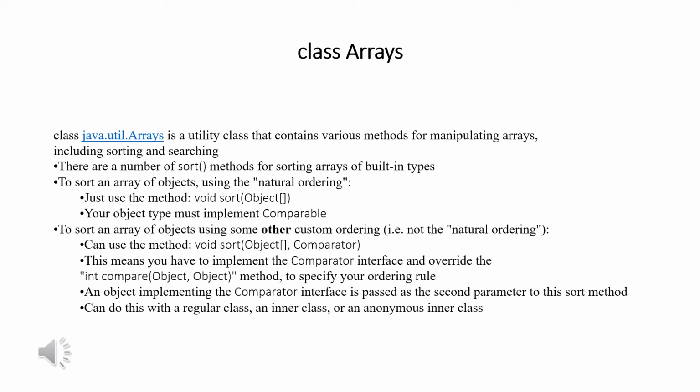If you want to sort an array of objects that are using the natural ordering, you can just use the method void sort, and as the input parameter you can pass in that array of objects.